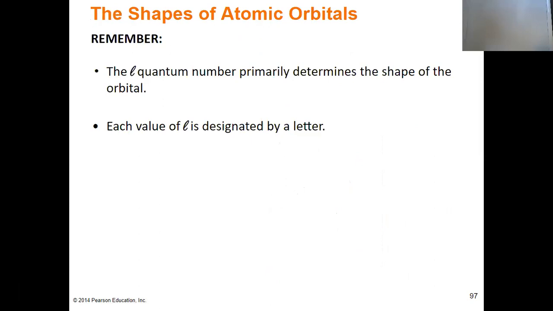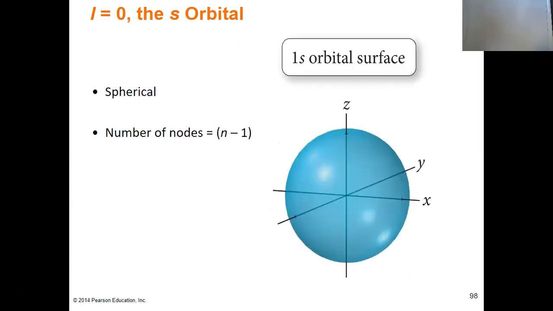Do you remember that in terms of the shapes of these orbitals, your angular momentum quantum number L is what will determine the shape? Your s orbitals are your L equals 0 orbitals, and they are going to have no nodes in them.